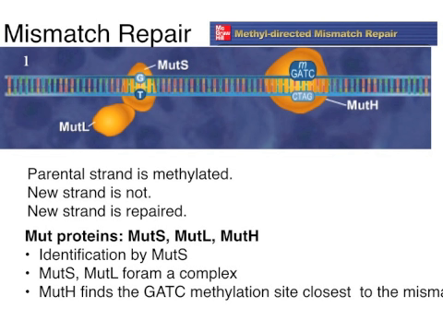First of all, the problem is going to be identified by MutS. MutS and MutL are going to form a complex together. And then MutH is going to find the next methylation site. It's a GATC sequence that's closest to the mismatch, and it's going to bind there.